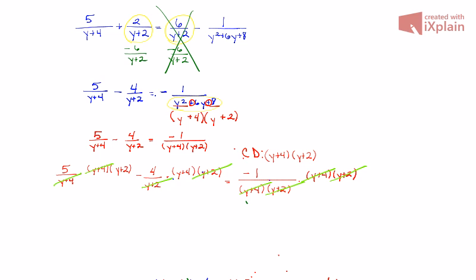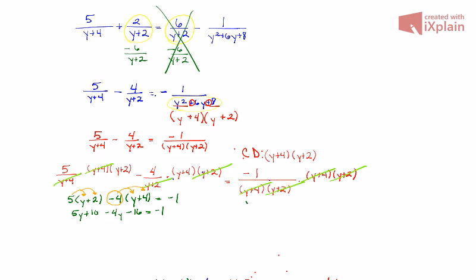And what I'm left with is 5 times the quantity y plus 2 minus 4 times the quantity y plus 4 is equal to -1. Much less intimidating, right? So we'll distribute, and we get 5y plus 10 minus 4y minus 16. Bear in mind that when you are distributing, the sign that's in front of the number is going to go with it. So -4 times +4 will give you -16.